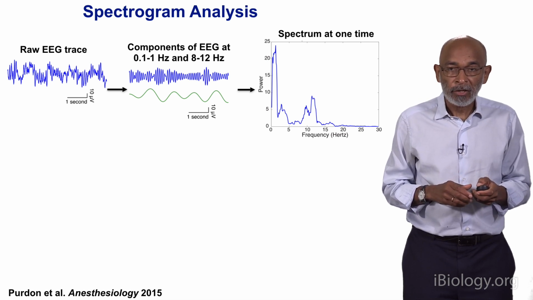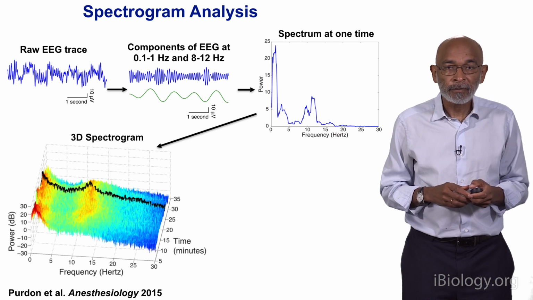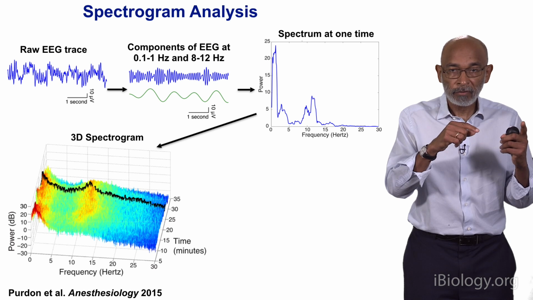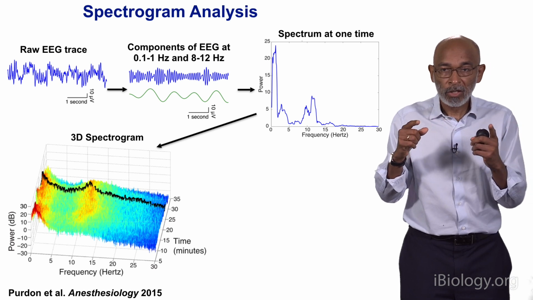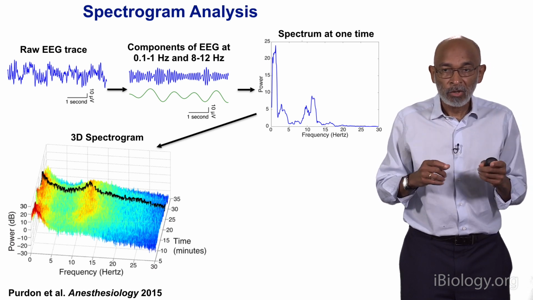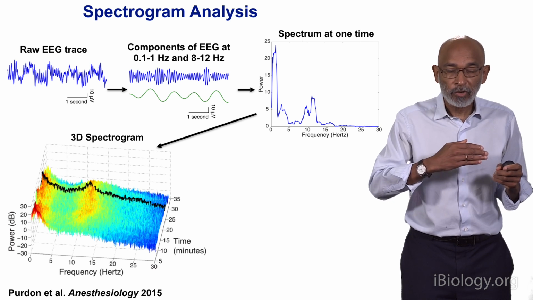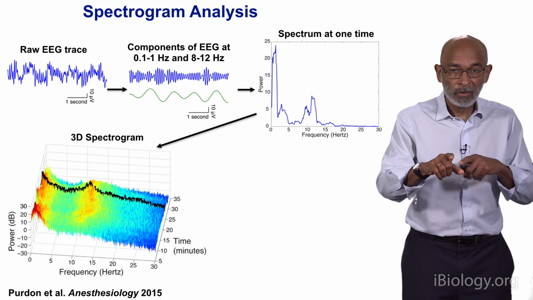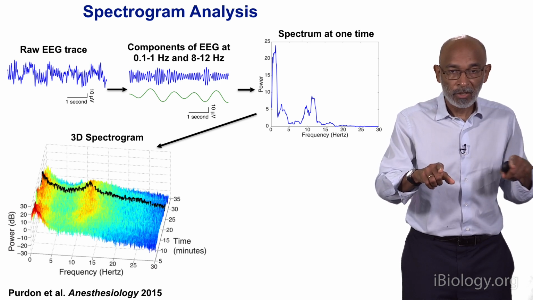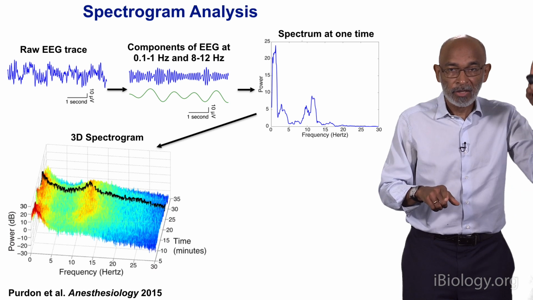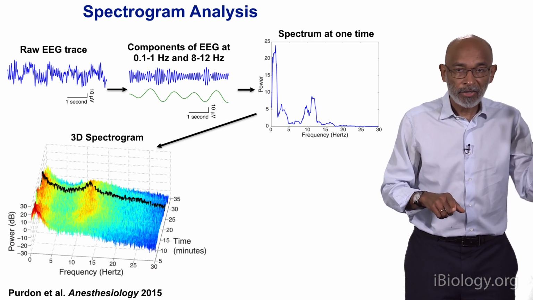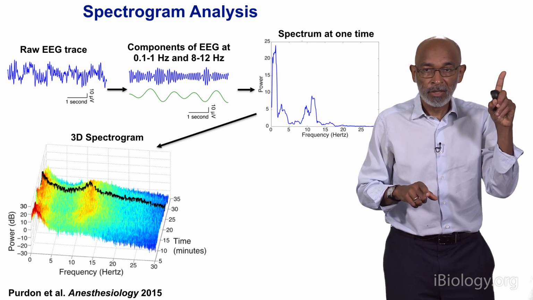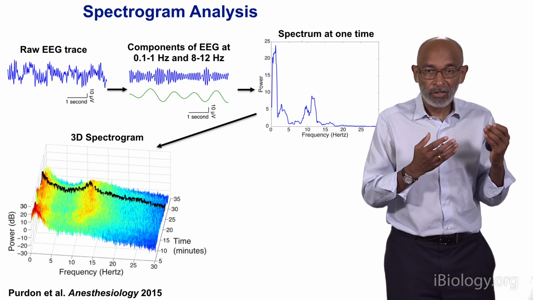Okay? Now, but we need to do this over time. So if we take a 10-second trace, we compute the spectrum, and then we move it along, and we compute it again, we'll actually get a three-dimensional structure because we'll have time on one axis, the frequency that we're looking at on the other axis, and then on the y-axis is going to be the amplitude, or how big the signal is.